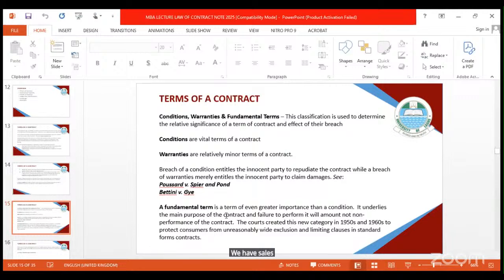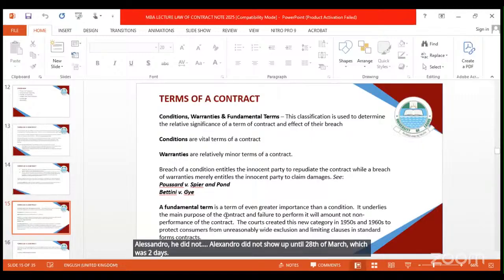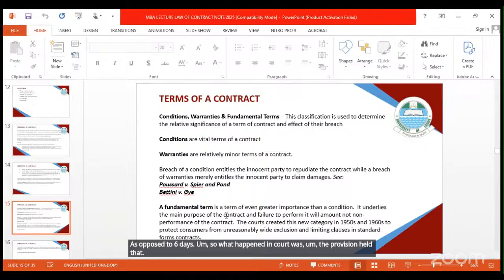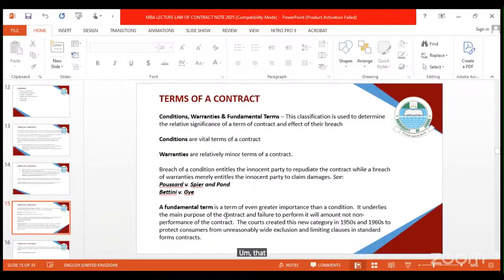But Alessandro did not show up until 28th of March, which was 2 days as opposed to 6 days. So what happened in court was the court held that arriving 6 days before was not a condition that would result in a breach of contract.